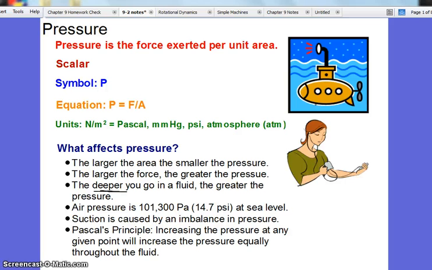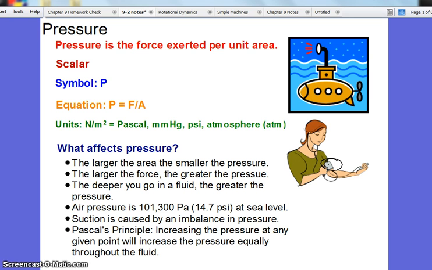Now as you come back out of the water, the nitrogen will come out of your blood and collect at your joints, like your elbows. And if too much nitrogen collects at your joints, it might burst the blood vessel and therefore might cause some internal bleeding.